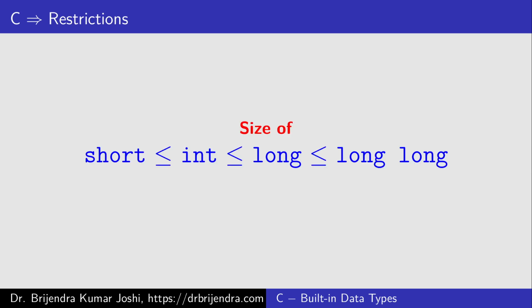The restriction is that the size of short can be at most equal to the size of int, which can be at most equal to the size of long, otherwise it has to be less. Similarly, long cannot be greater in size than long long. So at most, the sizes of long and long long in a system would be the same.